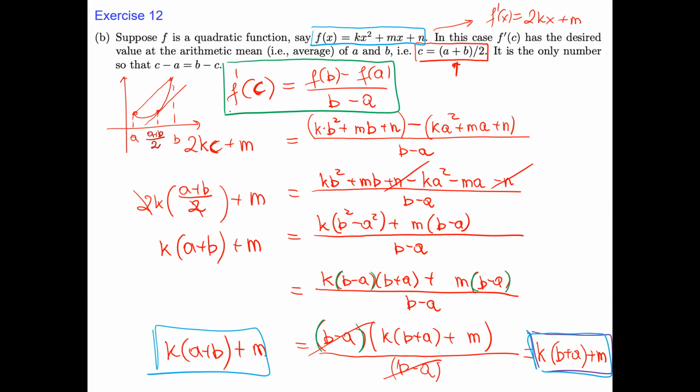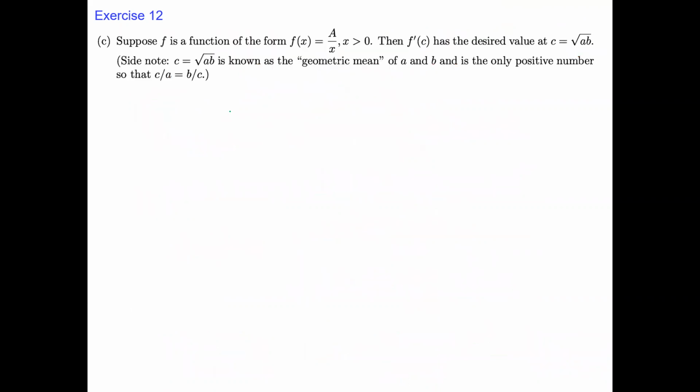Okay, and let's do one more. Suppose f is a function of the form a over x, just for the positive x's. Then f prime at c has the desired value at c equals the square root of ab.